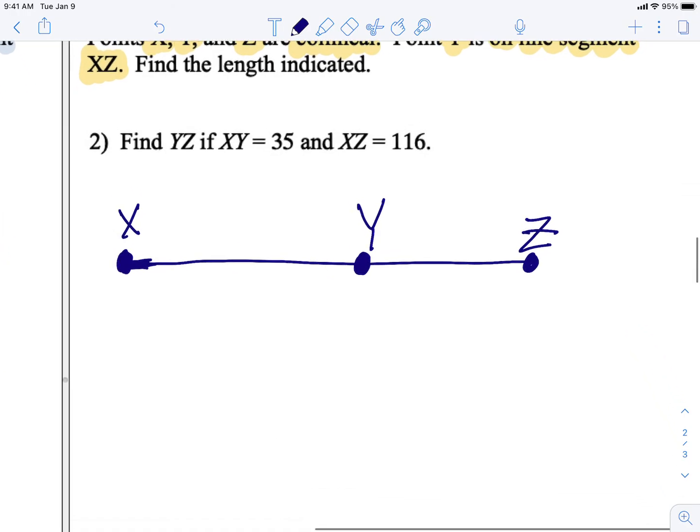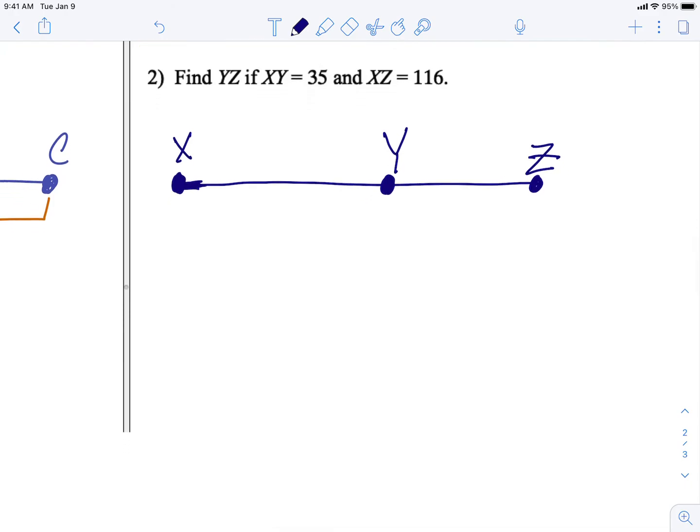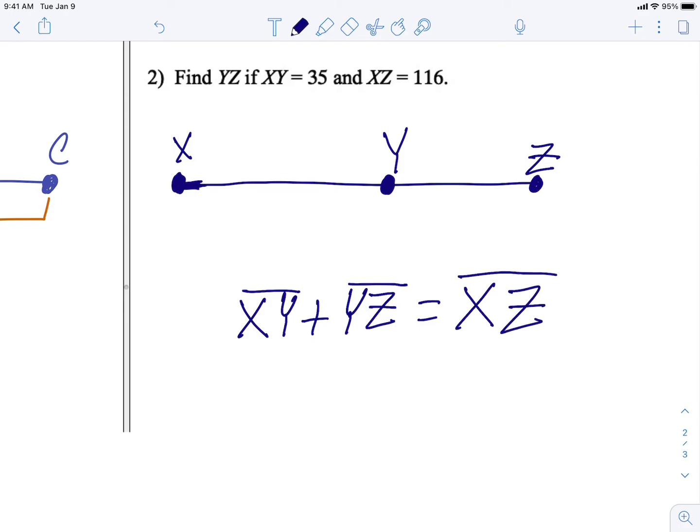So let's draw our setup. Our first short segment is XY plus the second short segment YZ is equal to the long segment, which is XZ. So let's fill in our information here. Find YZ. So from Y to Z, that's missing.